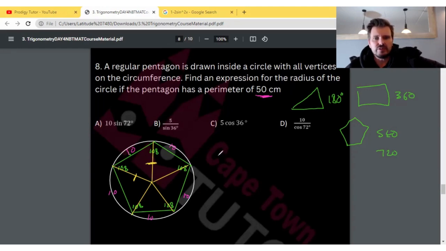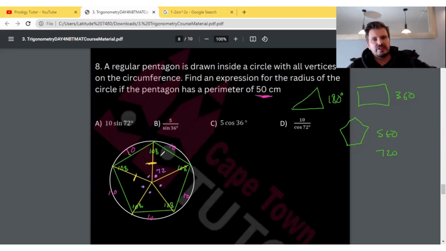Let's redraw this again. First of all, we've got 5 angles here, and they're all going to be the same. This is a circle, so that must be 360. What's 360 divided by 5? 72. So each of these interior angles here is going to be 72.